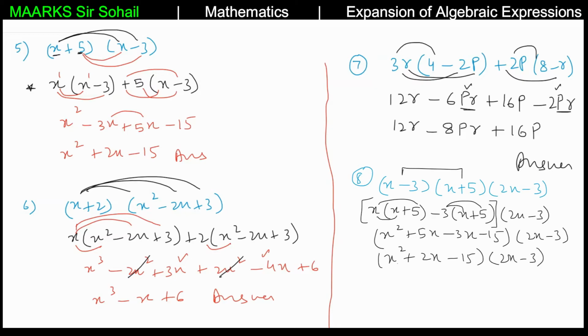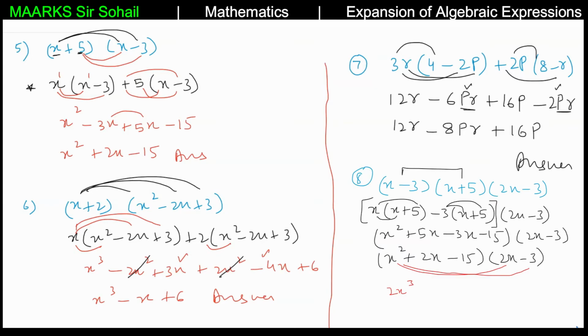First, this x square will multiply with this 2x. So x square into 2x gives us 2x cube, because it's already x power 2 and here we have x. So x2 and x1 makes x3. I told you when we multiply we add the powers. Make sure to follow this, and this 2 coefficient will remain as it is. So 2x cube and then this same x square will multiply with minus 3.